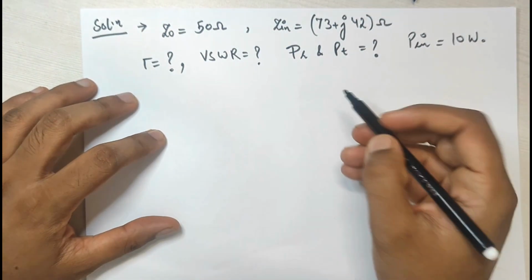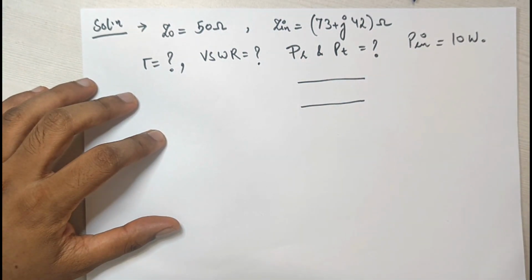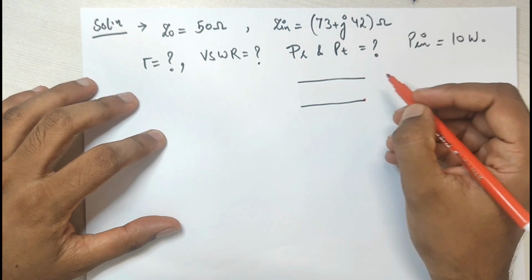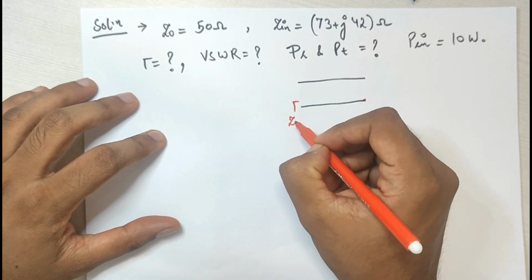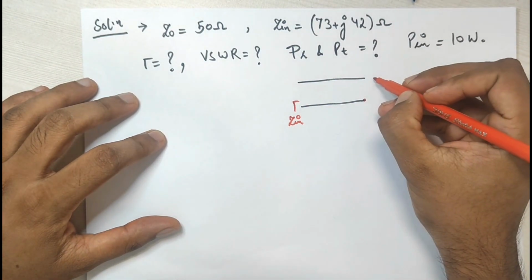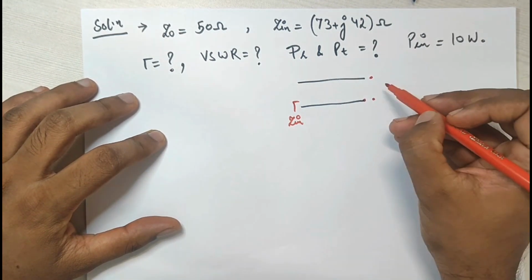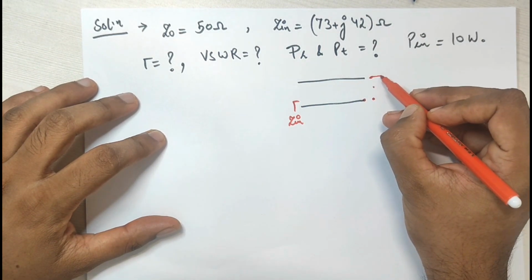So what happens? I can brief you. Let's assume this is a transmission line. If this is a transmission line, this is Z0. Let's suppose there is an antenna connected to this. Assume this is an antenna.